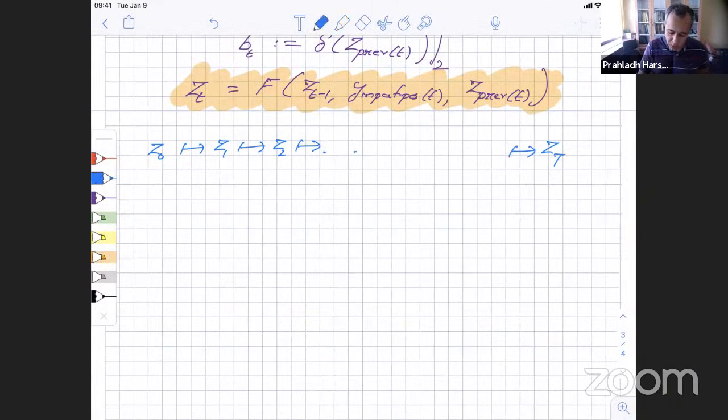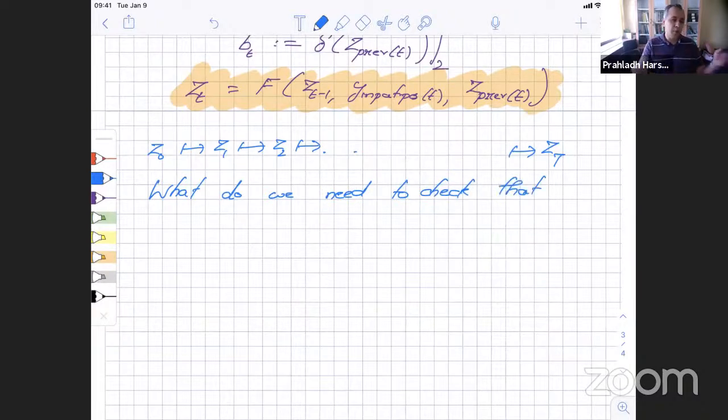So what do we need to check? I'm going to give you a bunch of snapshots, and I'm going to say this is the way the head moves, and this is the snapshot of the Turing machine as it goes. And you need to look at this snapshot and say, yes, when I look at all of this, it's convincing that the machine has accepted. So you need to make several checks on this. What do we need to check?